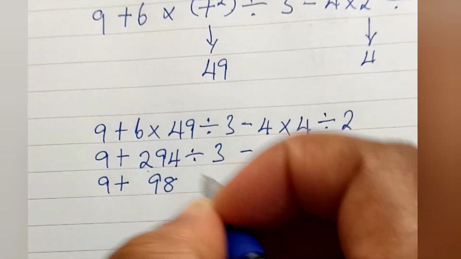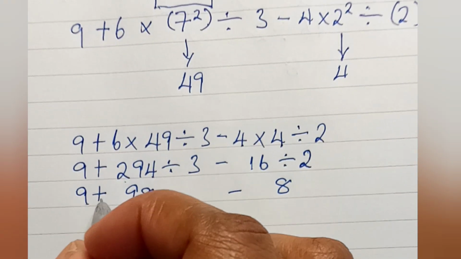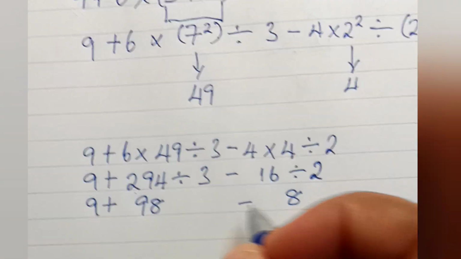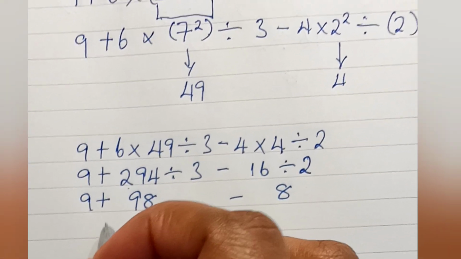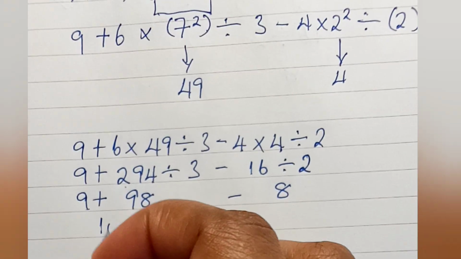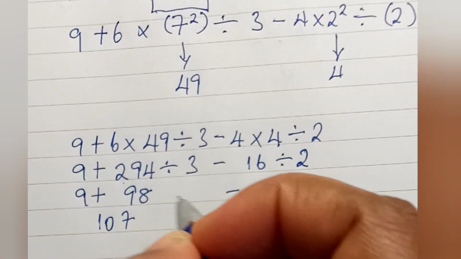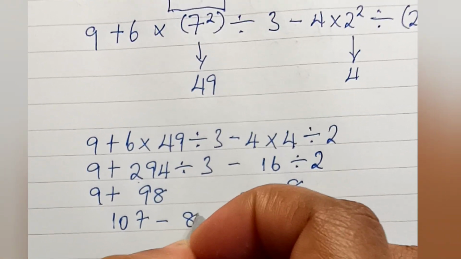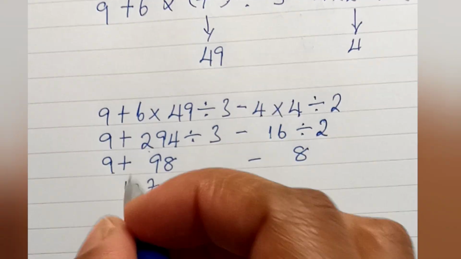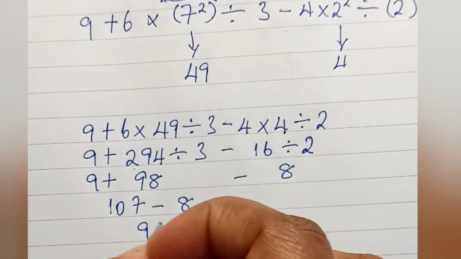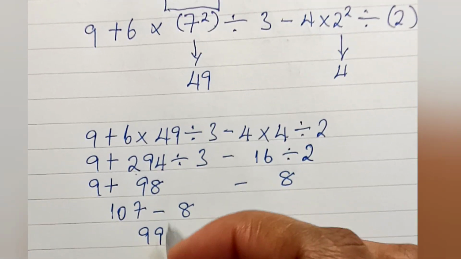So we have 9 plus 98 minus 8. 9 plus 98 will give us 107, minus 8. 107 minus 8 will give us 99.